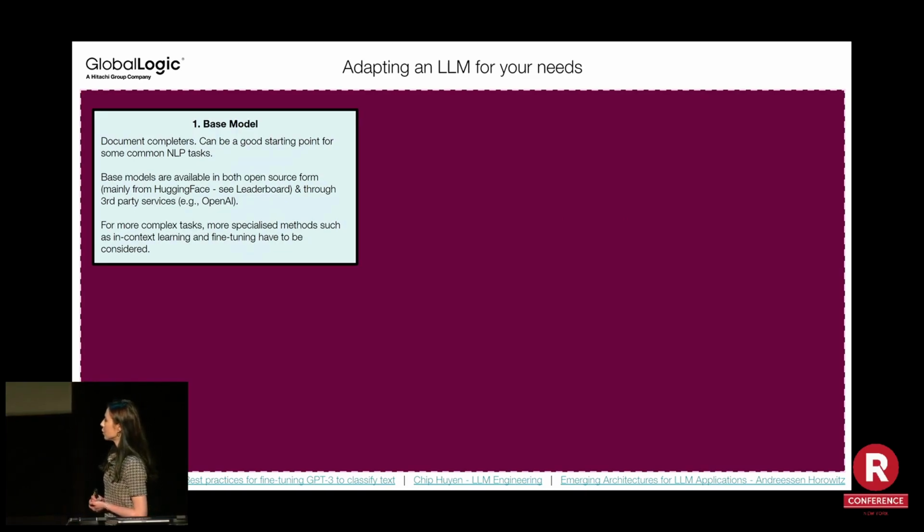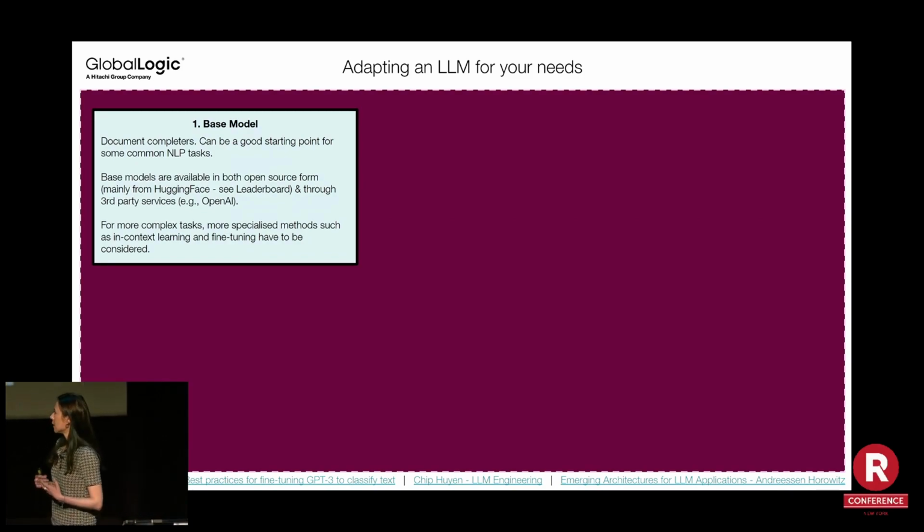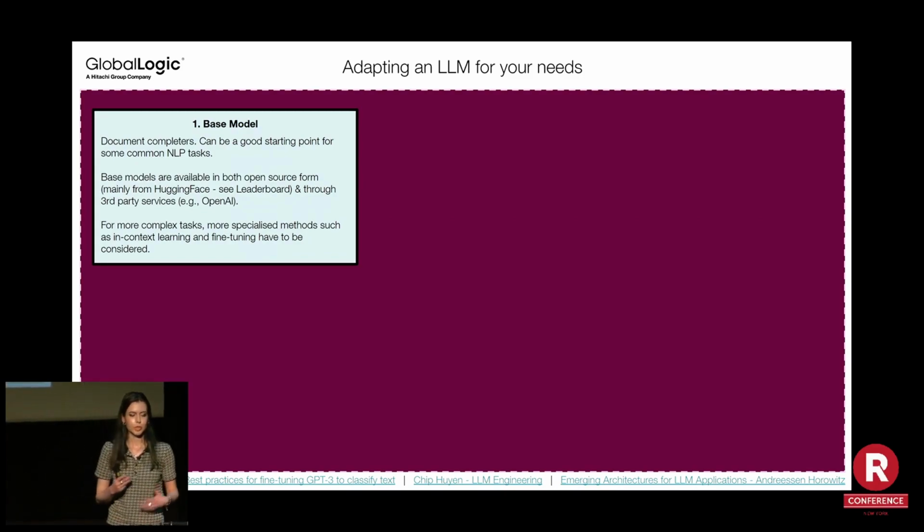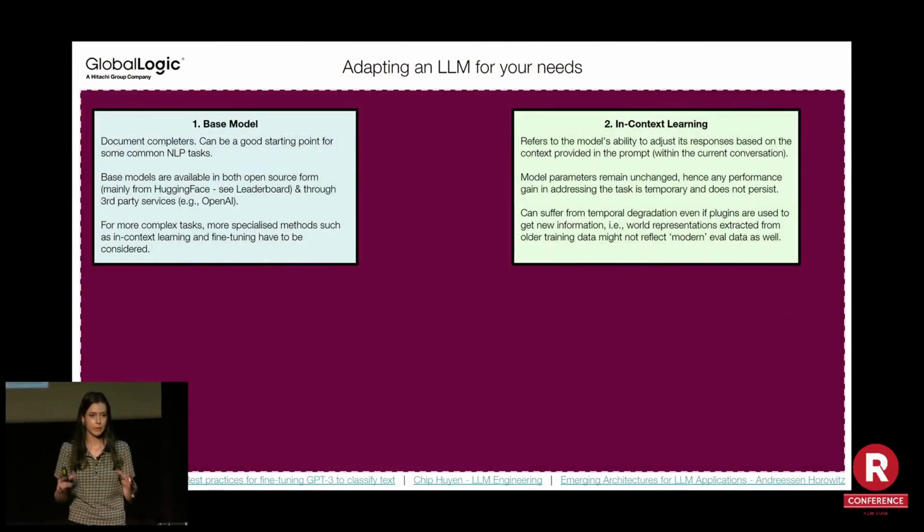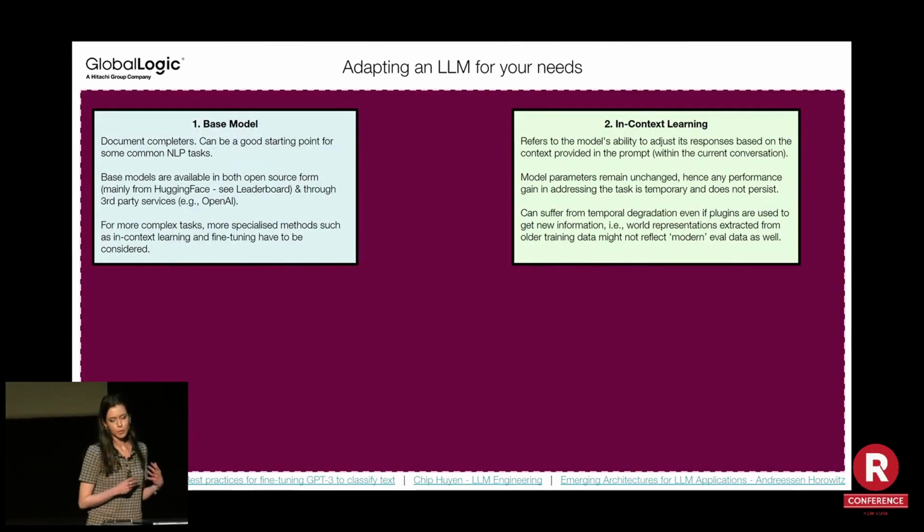What is important to note here is even though you can get some use out of these pretty much out of the box, for anything a little bit more specialized, you probably quite quickly find yourself in the realm of needing to use in-context learning. What happens here is we still have the same parameters that are fixed within the same model. However, we give it a helping hand by giving it exactly that, more context, to factor into its responses.